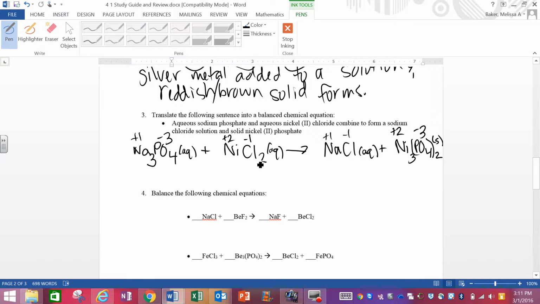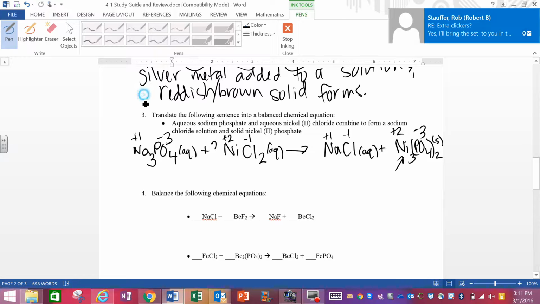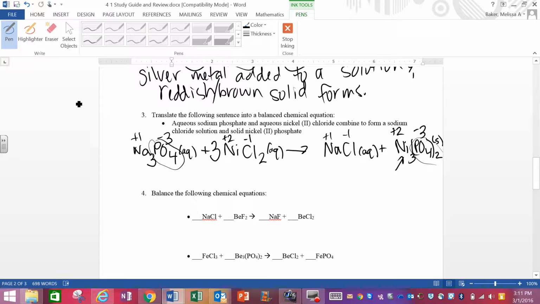A good strategy would be to start with something other than the oxygens. So I'm going to start with nickels and see where that gets me. Ni3, 3 Ni. PO4, there's just one of them, and on this side there's 2. So I'm going to do 2 out front.